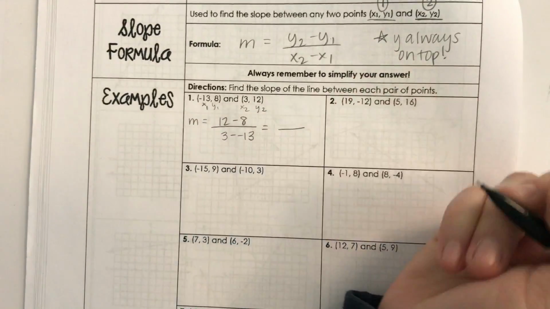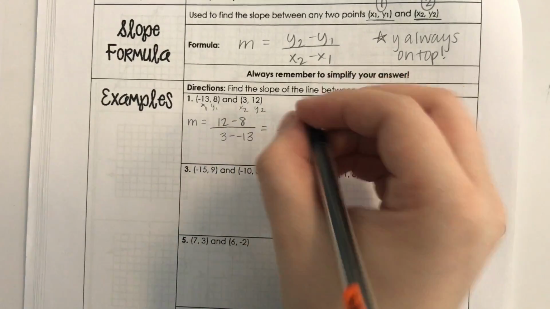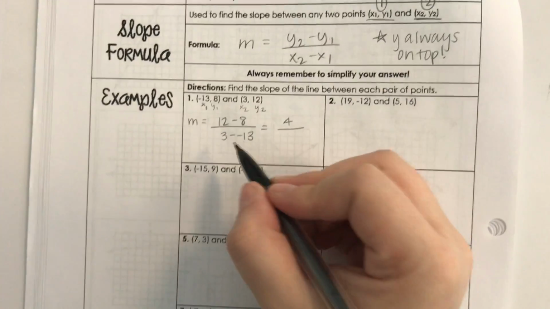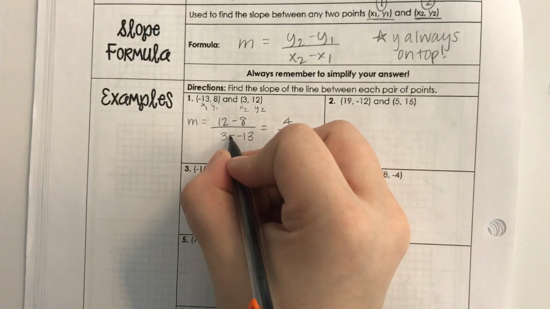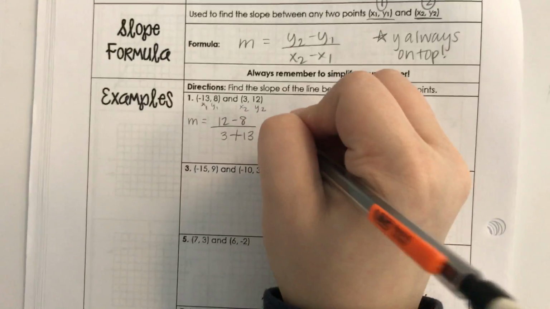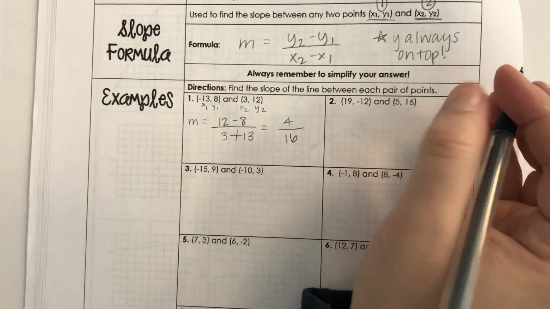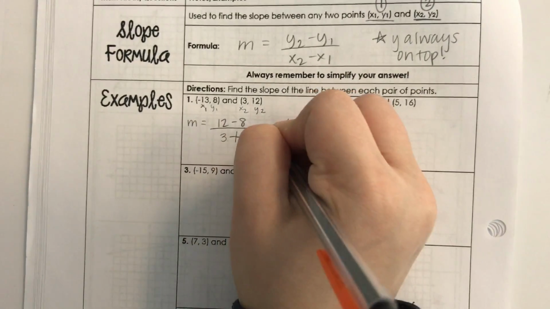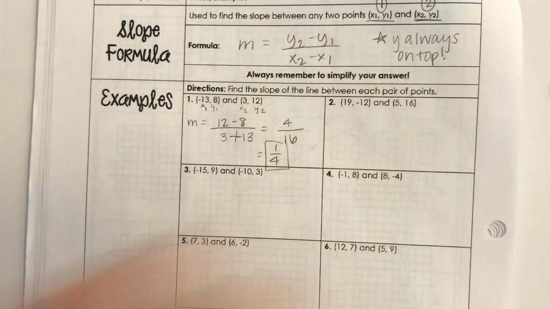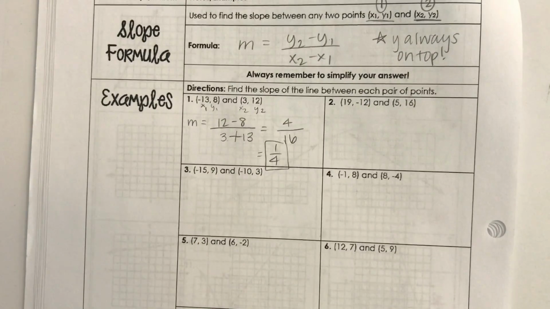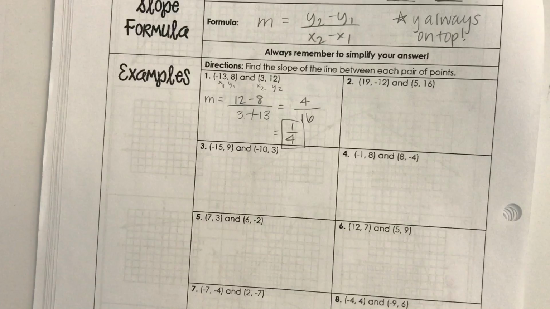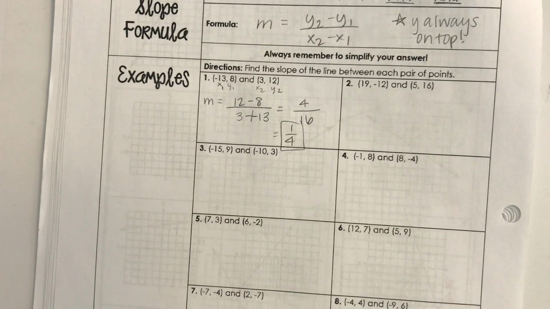Okay, so 12 minus 8 is 4. 3 minus negative 13, this turns into a plus, so that's 16. Well, 4 divided by 16 is 1/4. And that's our answer.